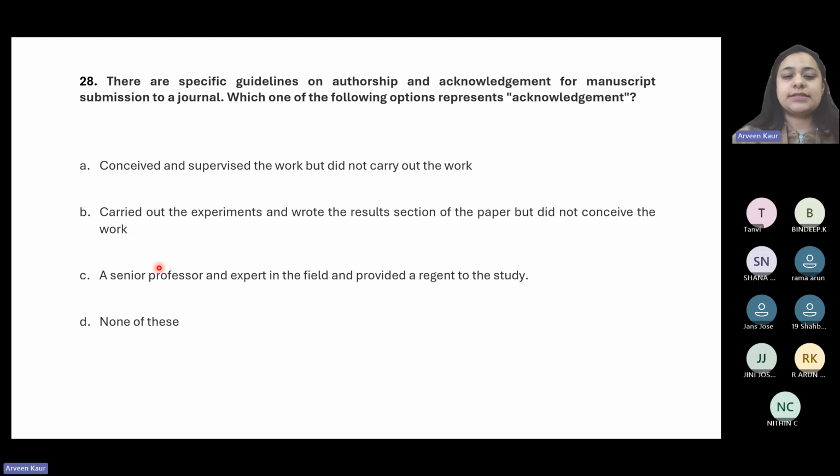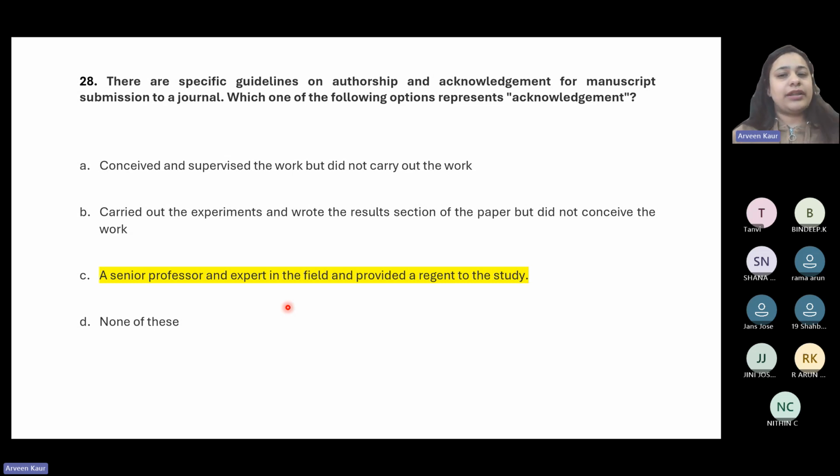So the answer is option C, that is a senior professor and an expert in the field, who basically provided a reagent to the study, right? For example, you are working on a certain kind of viral particle, and a particular person who had first discovered that viral particle has helped you in some way, or has given you a few insights, or they had lent you that particular viral particle, right?